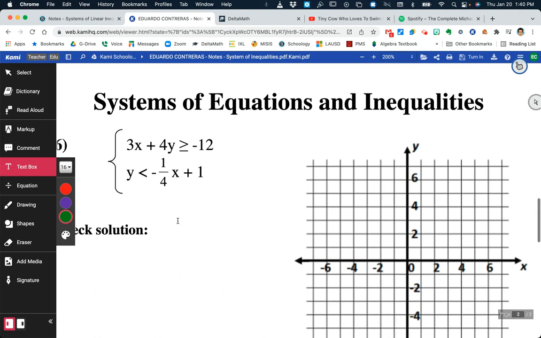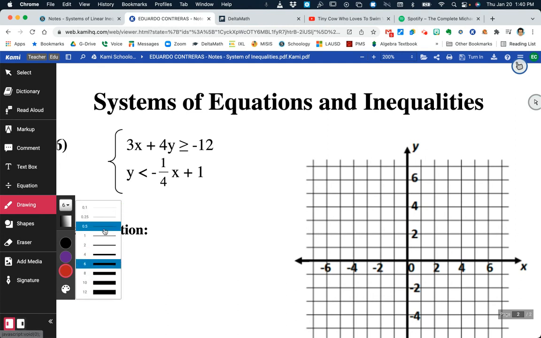Okay. So our first move is bring 3x over. So let's move 3x over to the other side.